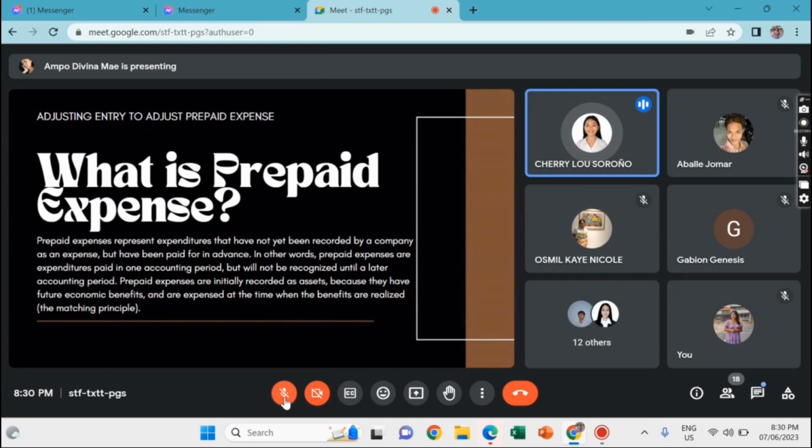We're going to tackle the adjusting entry to adjust prepaid expense. So, what is prepaid expense? Prepaid expenses represent expenditures that have not yet been recognized by a company as an expense, but have been paid for in advance.